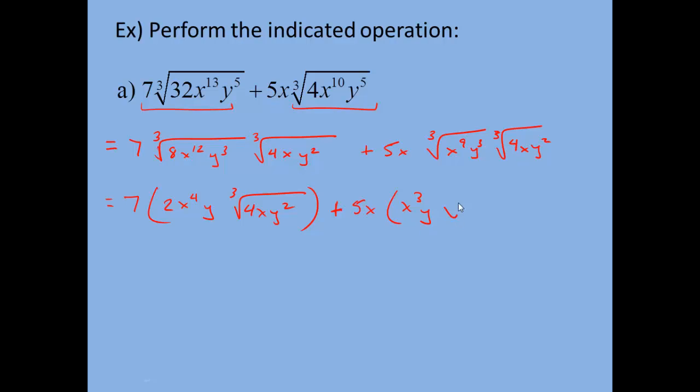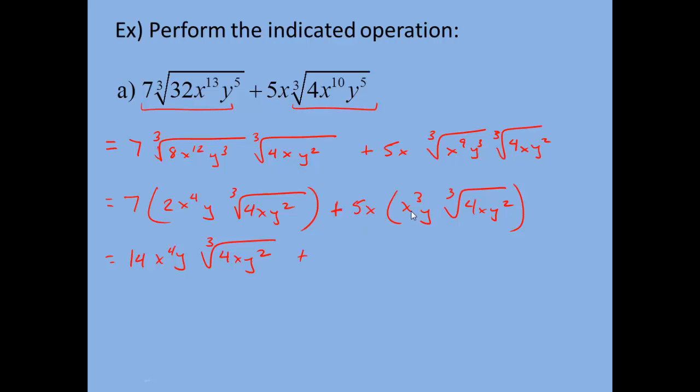And then we have the cubed root of 4xy squared. These are non-perfect cubes, so they don't simplify. And now we'll just simplify each term before we can combine. 7 times 2 gives us 14. This is going to be x to the 4th y times the cubed root of 4xy squared.